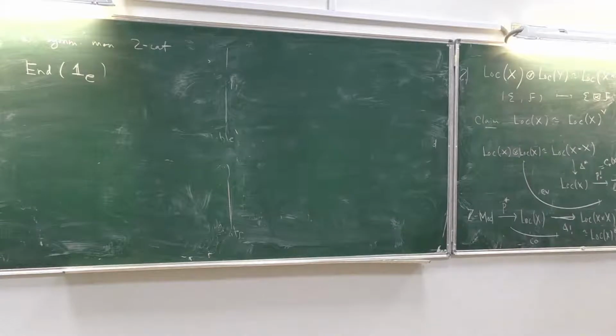If I fix an object and look at its endomorphisms, that's like a set of objects, but then I have the 2-morphisms between the 1-morphisms.